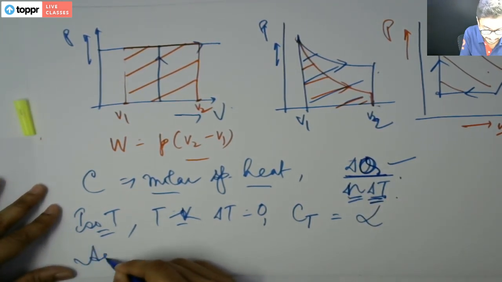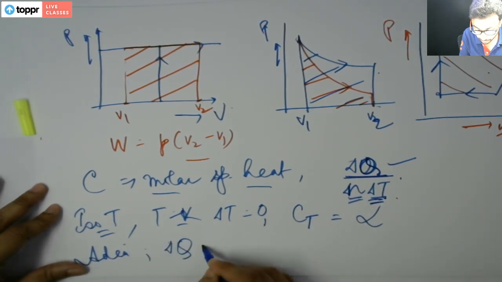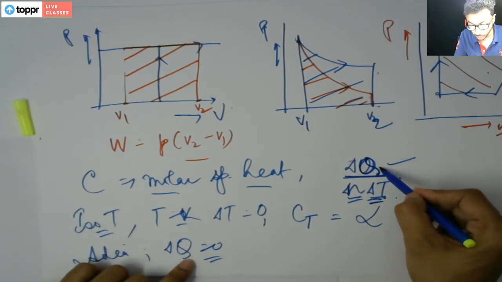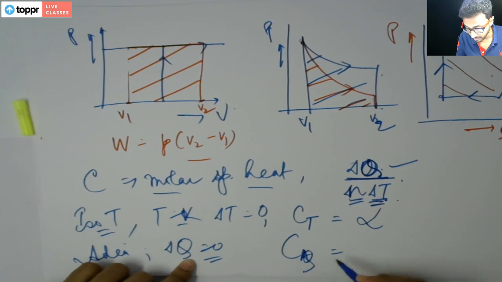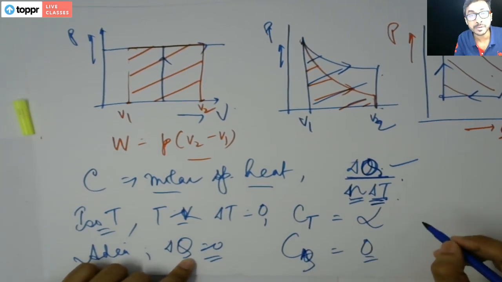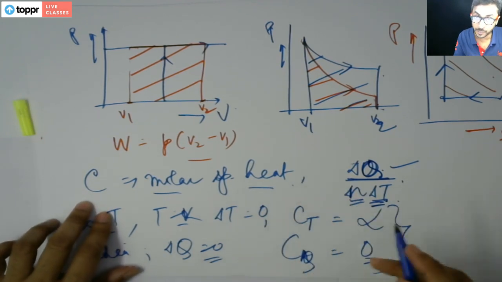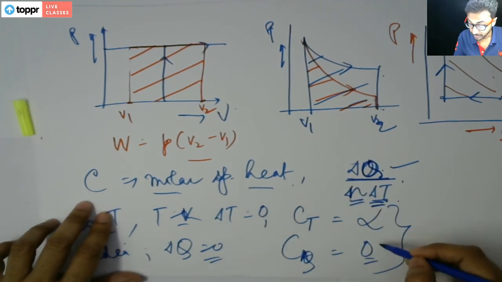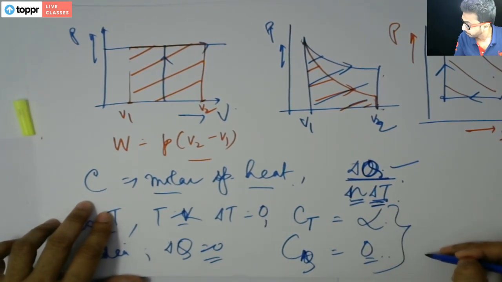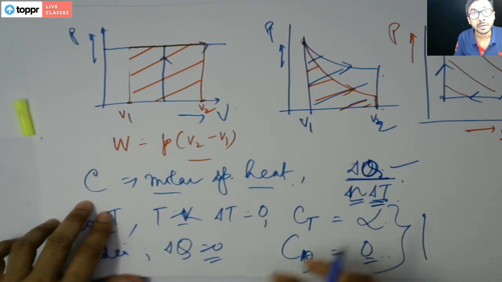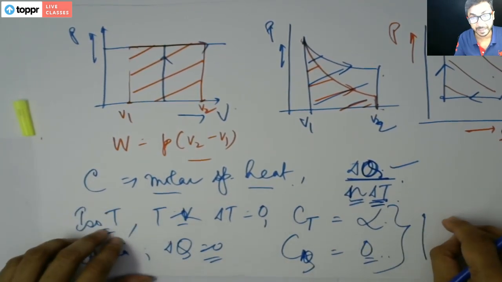For adiabatic, del Q equals 0, so C adiabatic will be 0. So the molar specific heat of a gas is not constant as in liquids and solids. It can vary from 0 to infinity depending on the process or the path we are taking.